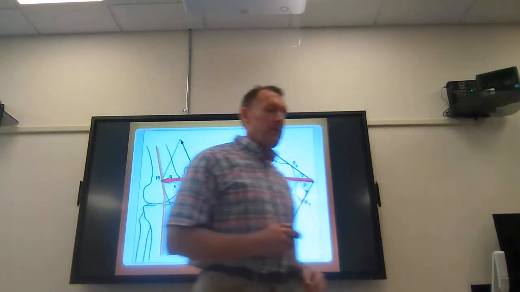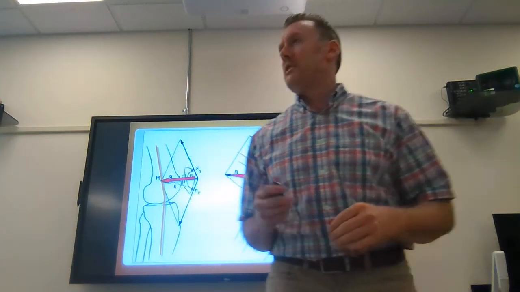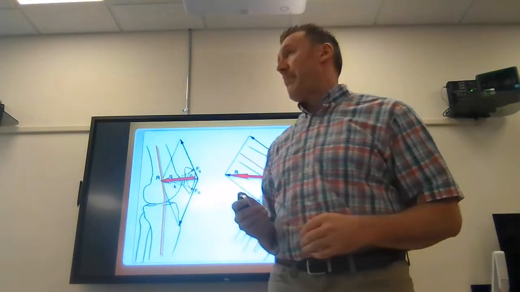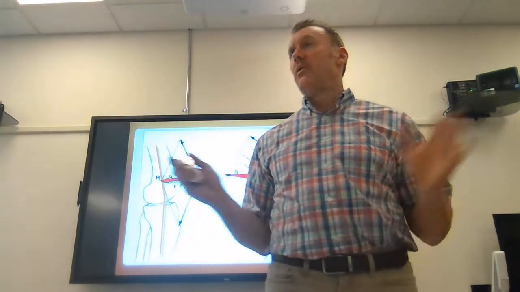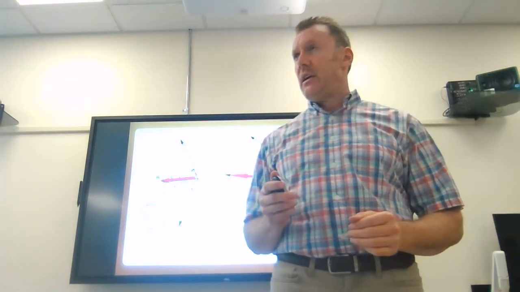Part of the reason that you have more compression with a deeper squat angle is due to this wrapping effect. Do you remember from the article, it discussed that just a little bit.